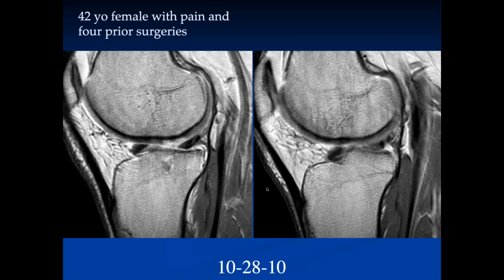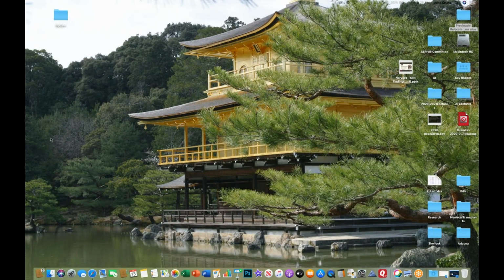Jennifer, what do you think of this case? So we have two sagittal proton density images here. She's had 4 prior surgeries and pain. There's some blunting of the anterior aspect of the posterior horn of the lateral meniscus.